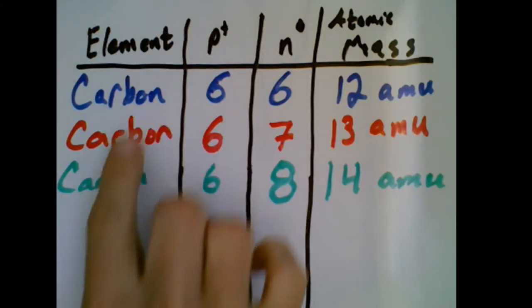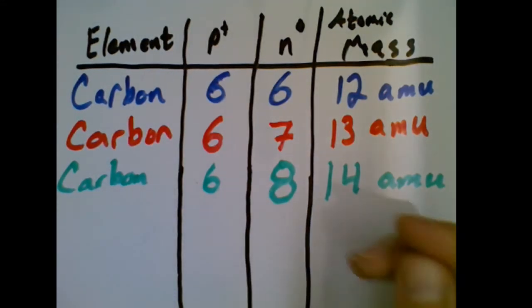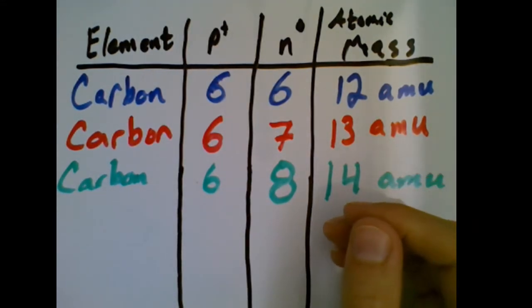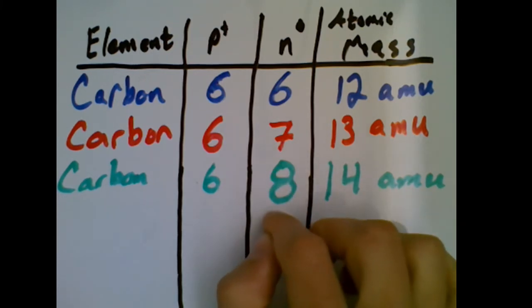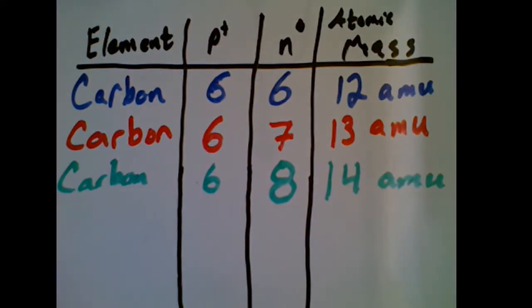You see, they're all carbon. They all have the same properties as carbon. They all undergo the same reactions as carbon. The only difference is some have a few more neutrons and ultimately a little bit more mass. This is what we would call an isotope. These are all isotopes of carbon. Isotopes are kind of like a version of an atom.